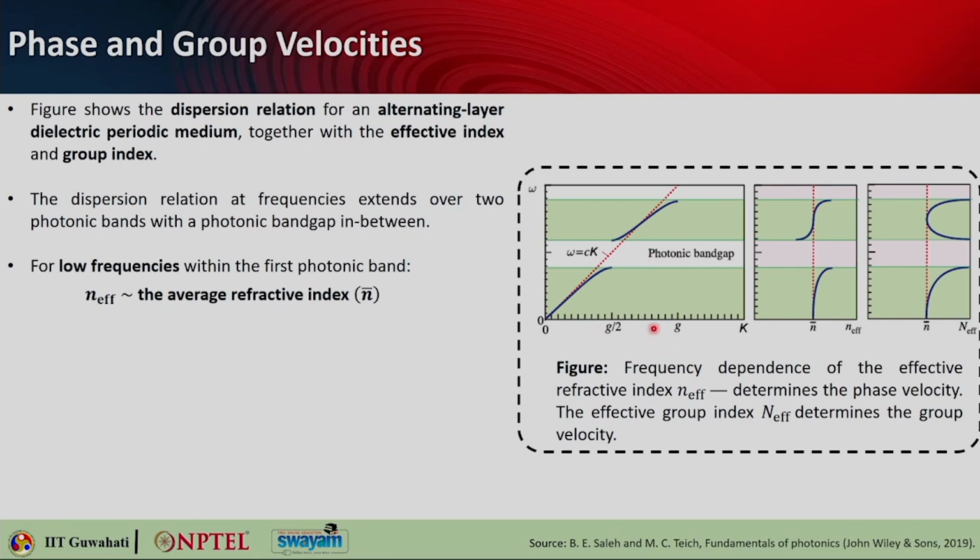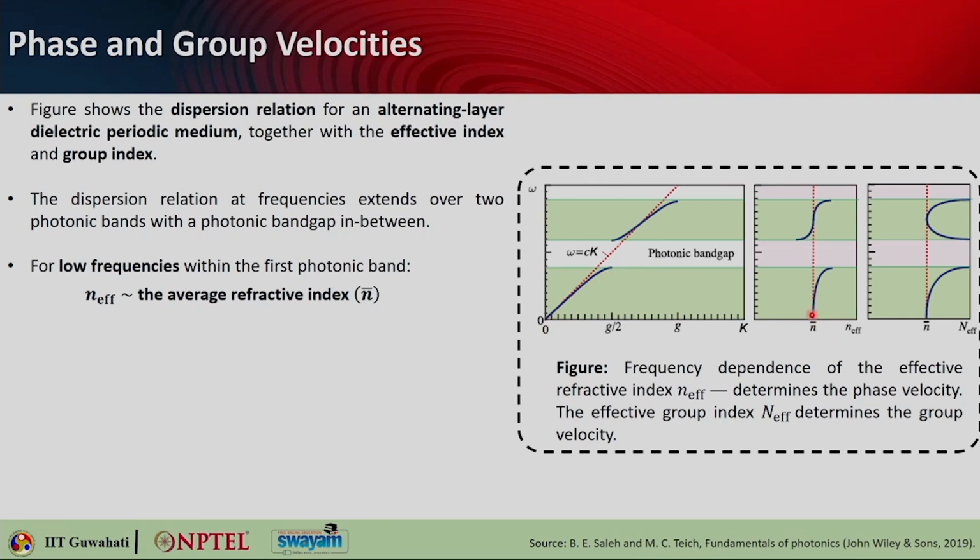And for lower frequencies within the first photonic band, you can see that this is how the effective index is. So you can say that N effective is very close to the average effective index. So initially this dotted line and this blue line, they are very much overlapping, okay.